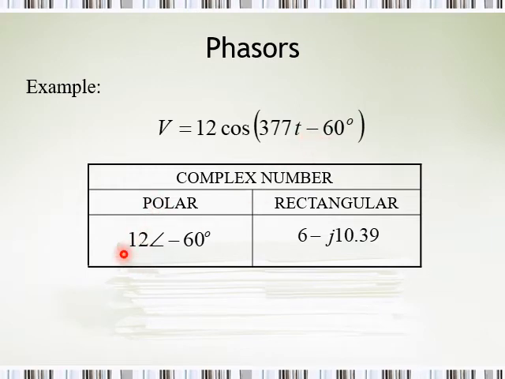So in polar, we have 12 with the angle of minus 60. Converting this into rectangular, we can use the calculator and we will get 6 minus j 10.39, or j 10.4. We can do this conversion from polar to rectangular using a calculator.